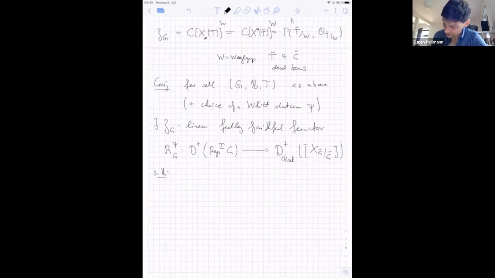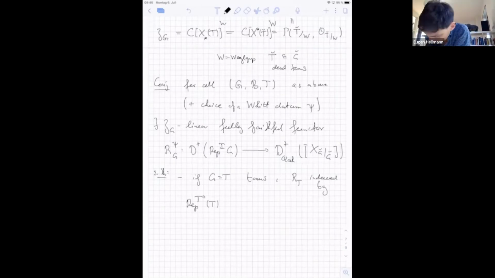such that, if G is equal to T is a torus, okay, which is allowed here, then RT is induced by a very simple thing. So then you're dealing with certain representations of T. This T naught here is just supposed to be the unique Iwahori subgroup of T, which is just the maximal compact subgroup.